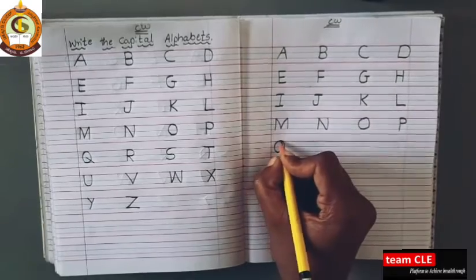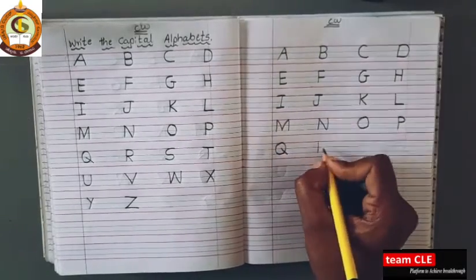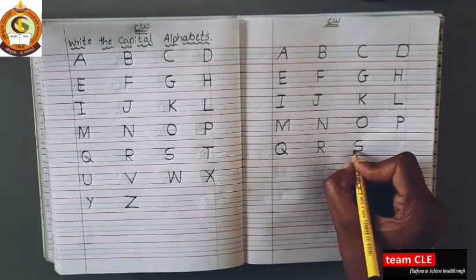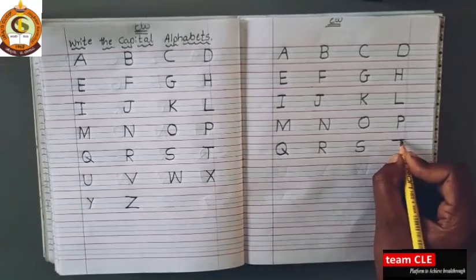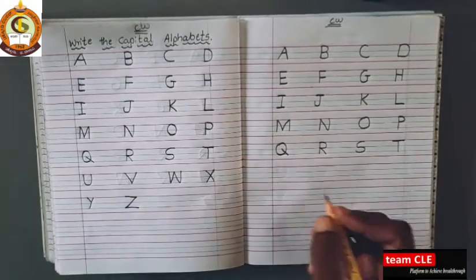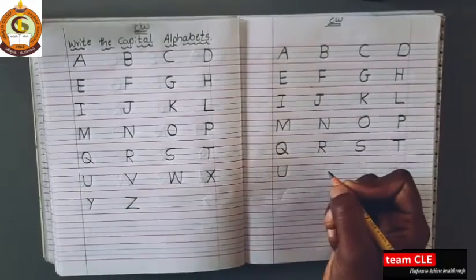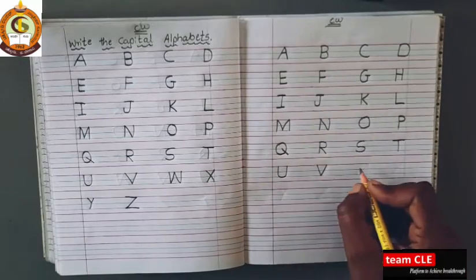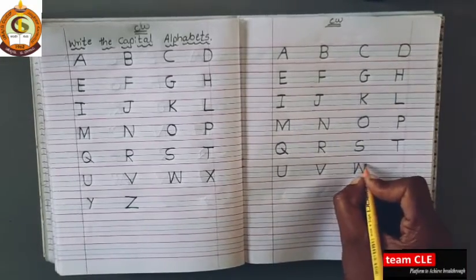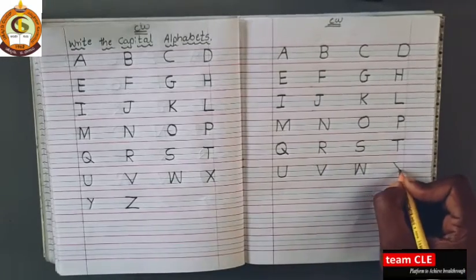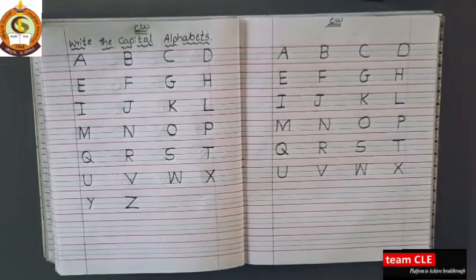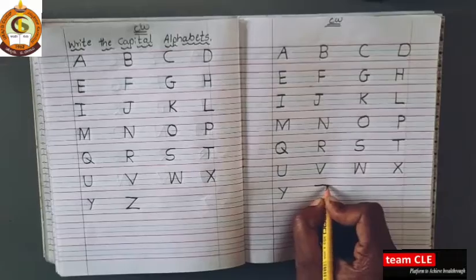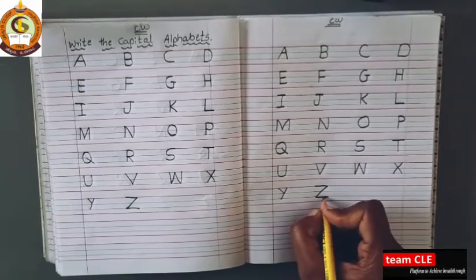Q for queen. R for rabbit. S for sheep. T for tiger. U for umbrella. V for van. W for watermelon. X for Xmas tree. Y for yak. Z for zebra.